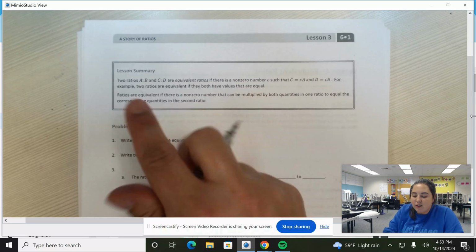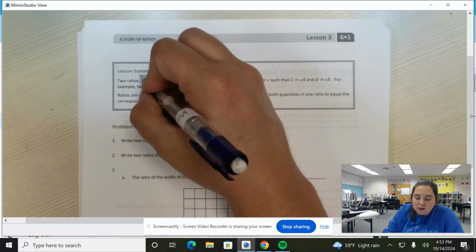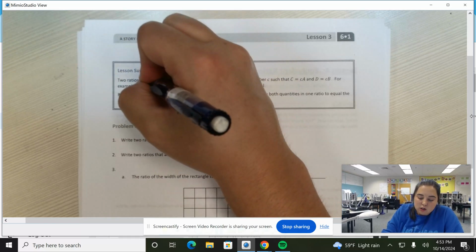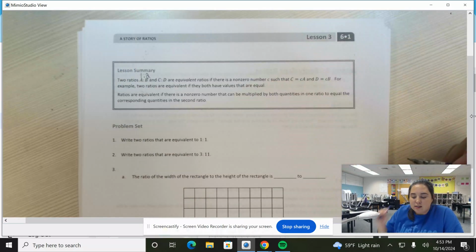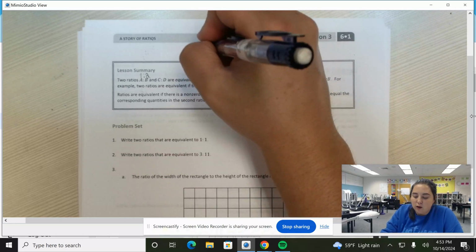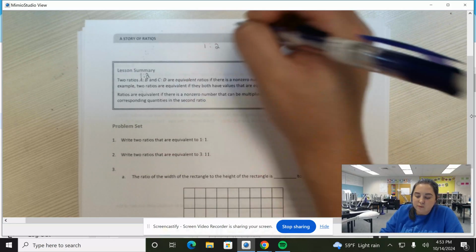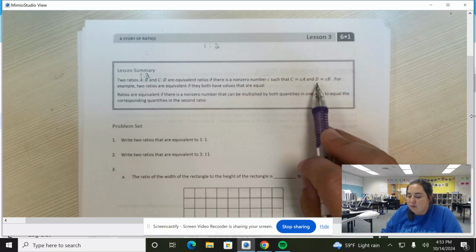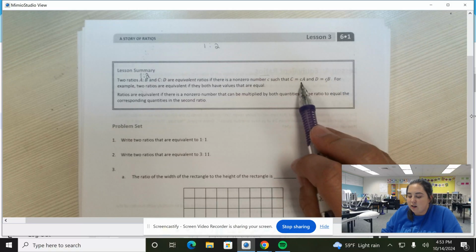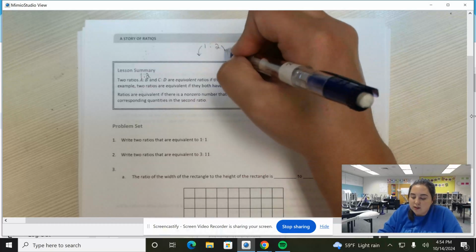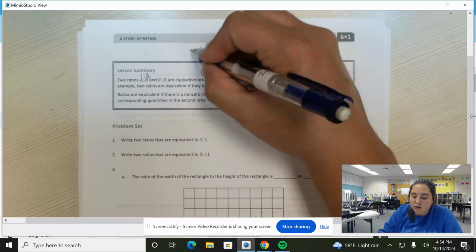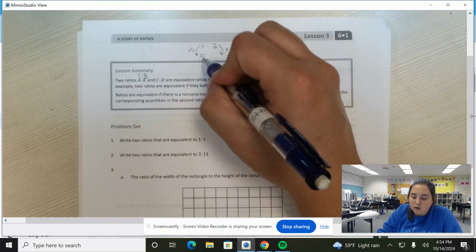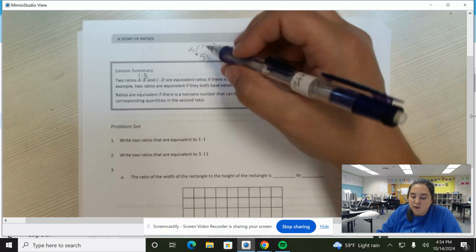So what it's saying, like if I made A to B to be, let's make it really simple, 1 to 2, and C and D. So if I have 1 to 2, if I take the same thing, so we see how they're multiplied by c here. So if I took this and did like times 5, 1 times 5 would be 5, 2 times 5 is 10.